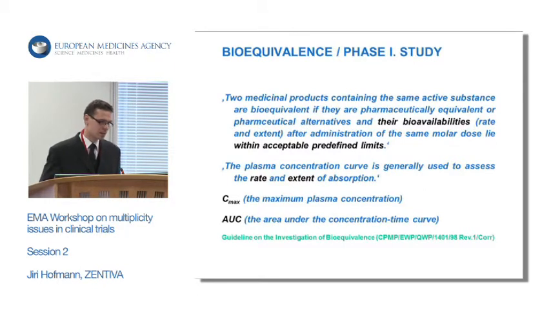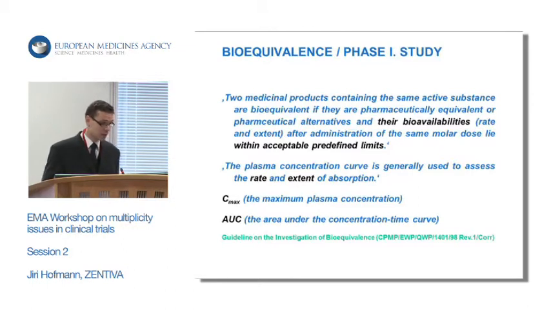Two products are bioequivalent if their bioavailabilities, namely the rate and extent of absorption, lie within predefined, acceptable limits. These limits are set to ensure comparable in vivo performance in terms of safety and efficacy.